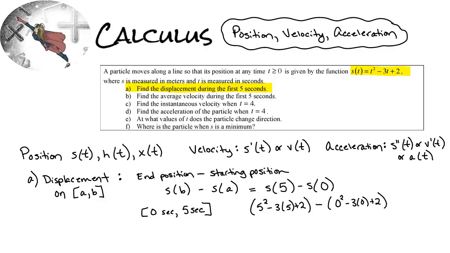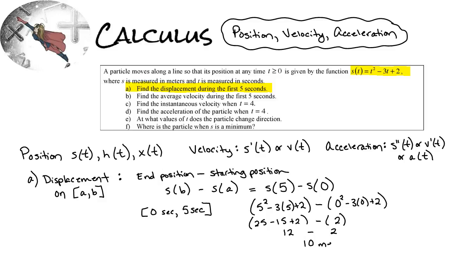So this will give us 25 minus 15 plus 2 minus 2, because the rest of that's 0. So let's see, 10 plus 2 is 12. So 12 minus 2 gives us 10. Displacement is how far someone is from their original position, so that would be measured in meters.